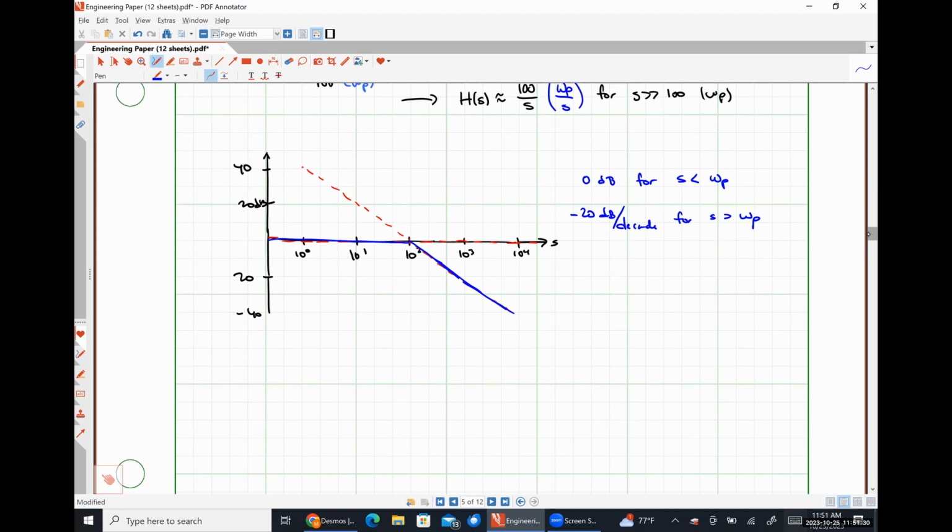So now let's talk about a simple 0. Let's start by looking at a transfer function where h of s is equal to just 1 plus s.